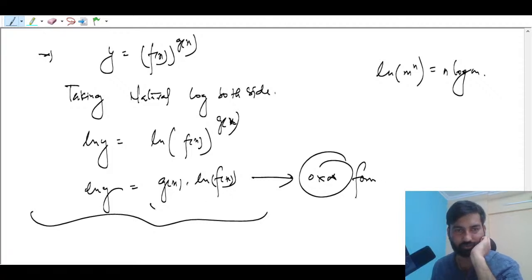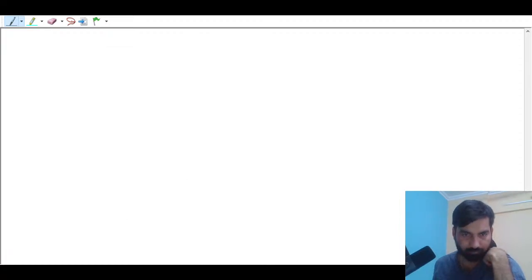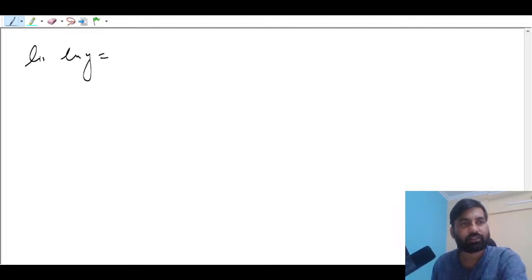You can solve this part first, and let's say you're going to get some limit, right? So see, ln y, limit x tending to a, limit x tending to a g(x) ln f(x), right?